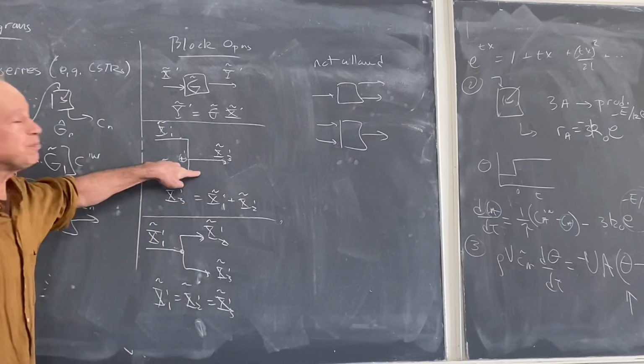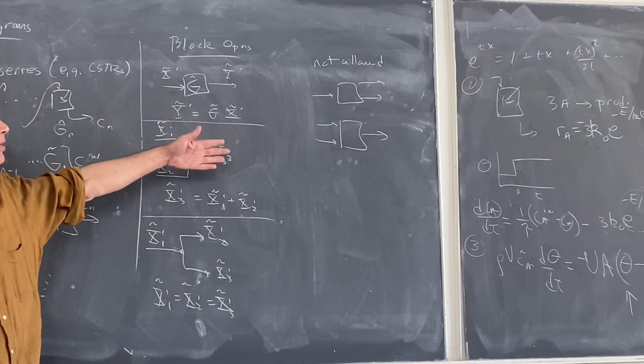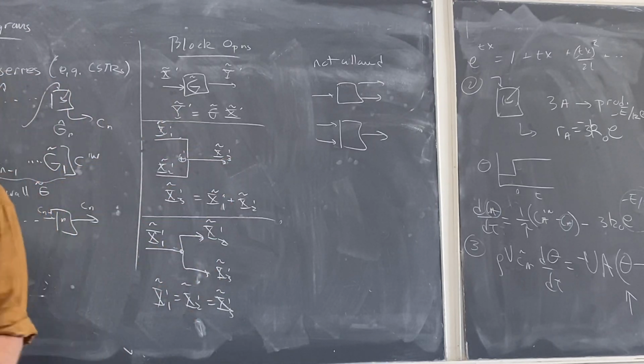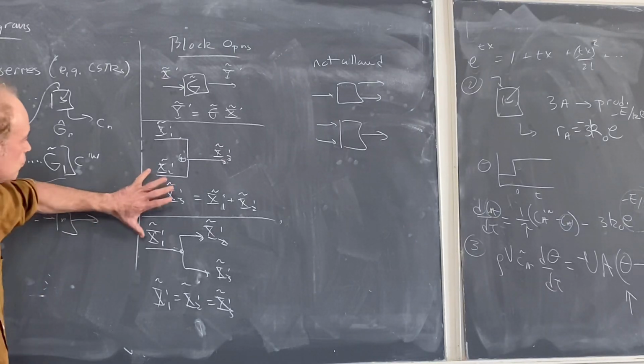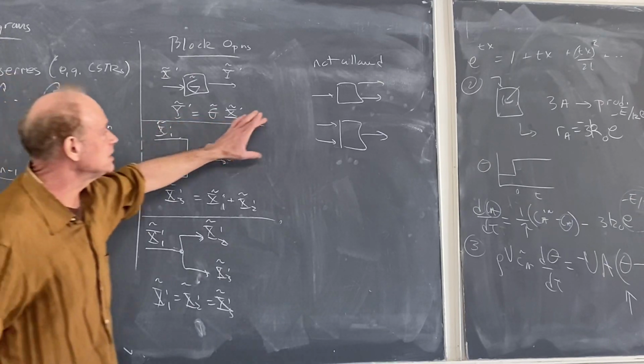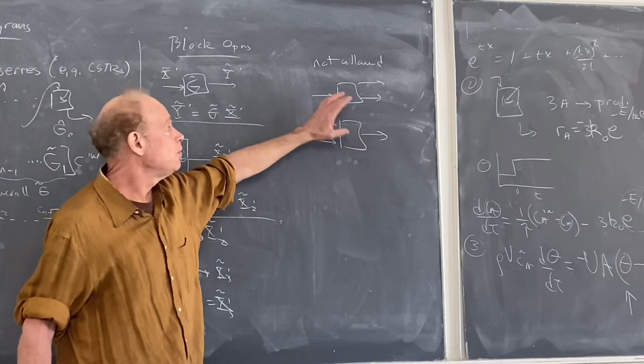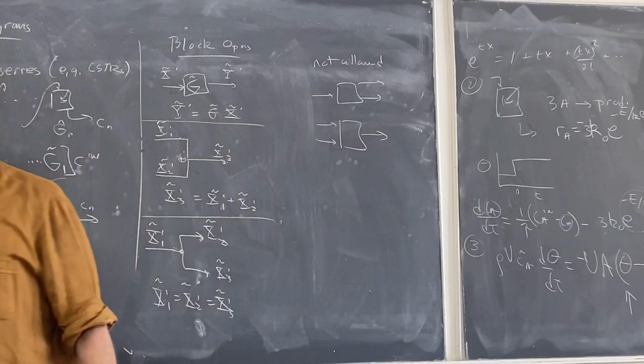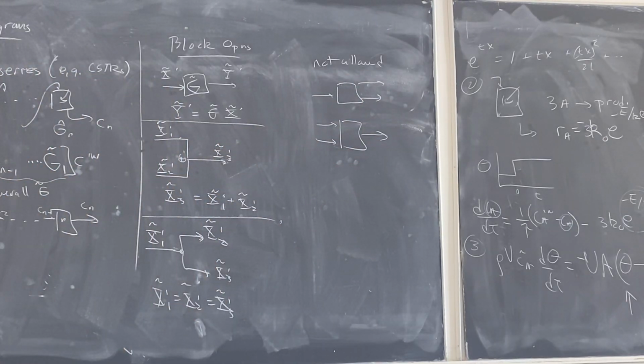You can combine inputs first and then put them into a block, but you don't have two separate inputs into a block. We don't know how to handle those. And because we have these two operations, we never need to do anything like that. We can always combine them before they go in. We can always separate them once they come out. Whether that's a physical process or not doesn't matter. It's the way we represent it in a block.